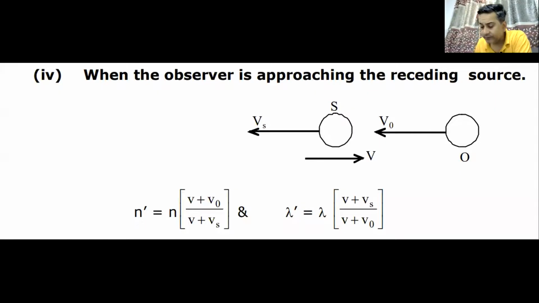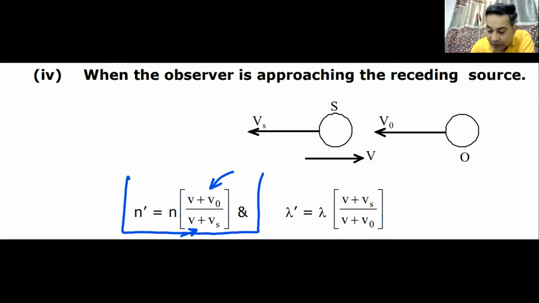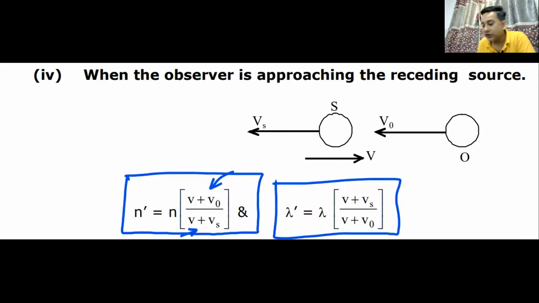That is the case right there in front of your screen. V plus V naught is multiplied, since the observer is moving towards. V plus Vs is divided, since the source is moving away. This is the formula for frequency and this is the formula for wavelength. Do we understand this?